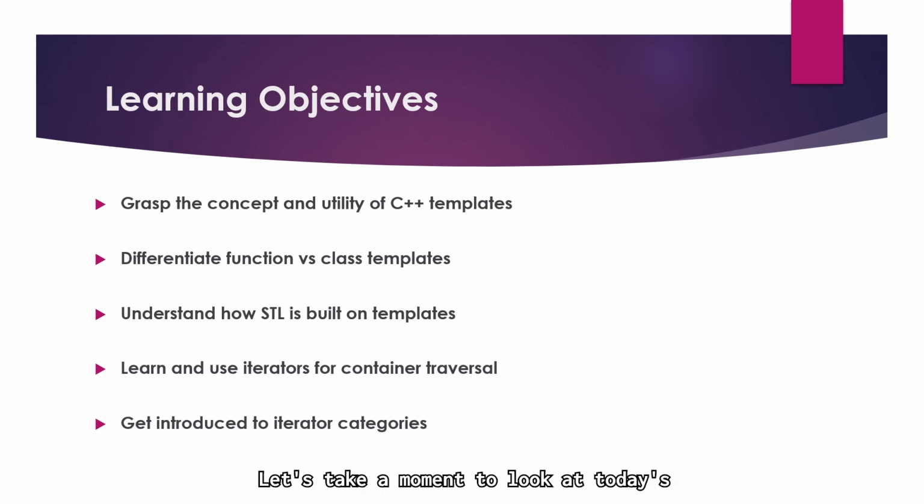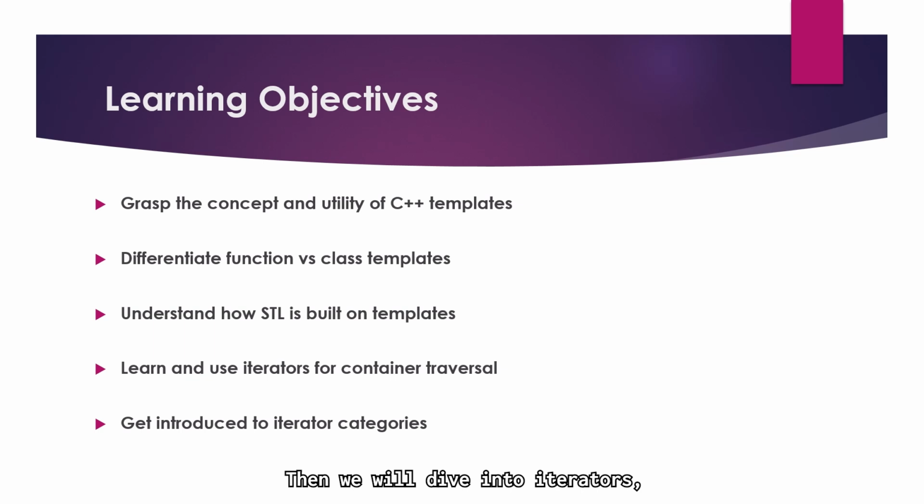Let's take a moment to look at today's learning objectives. First, we will gain a solid understanding of what templates are and why they matter in C++. We will compare function templates to class templates and see where each is used. Next, we will discover how STL is fundamentally built on the idea of templates. Without them, generic containers like vector<int> or map<string, int> would not exist.